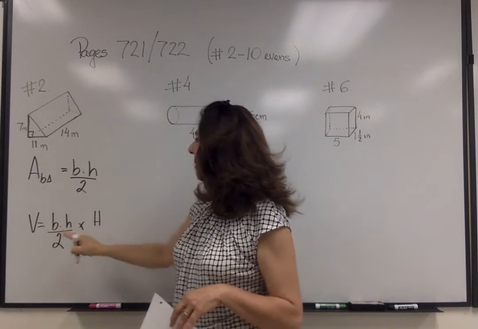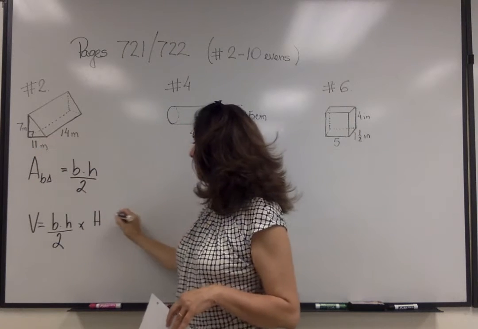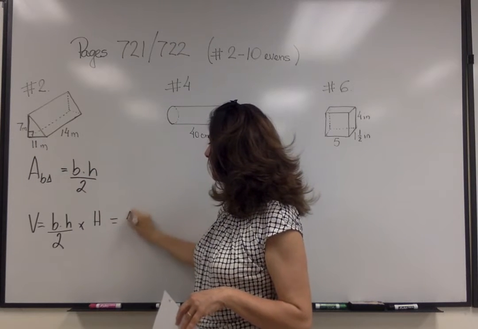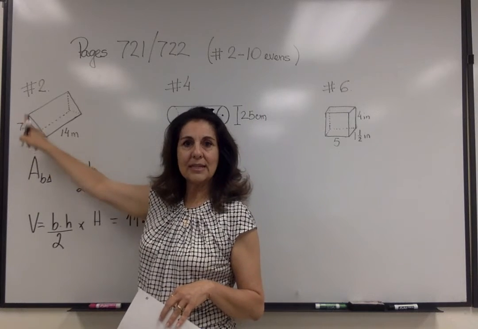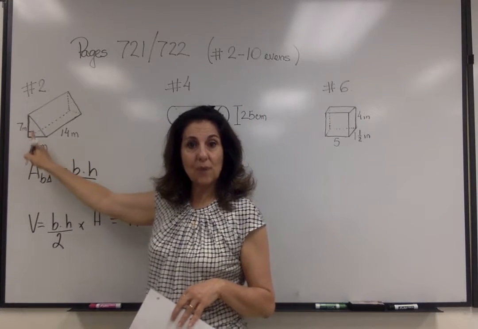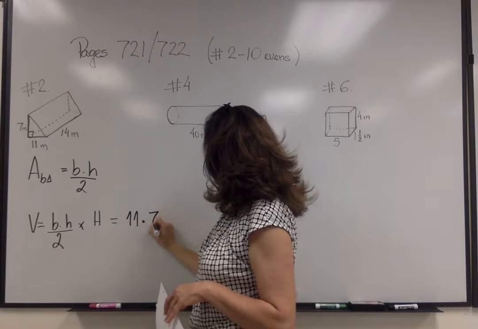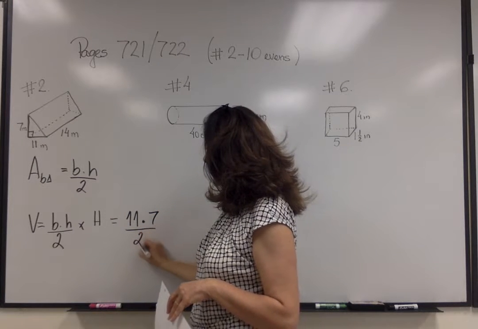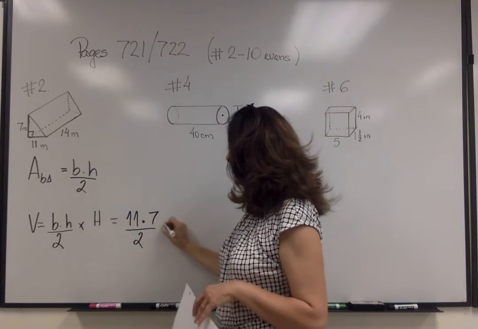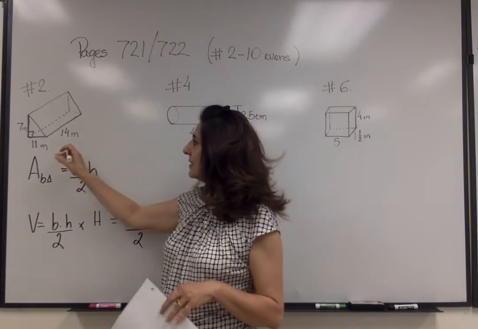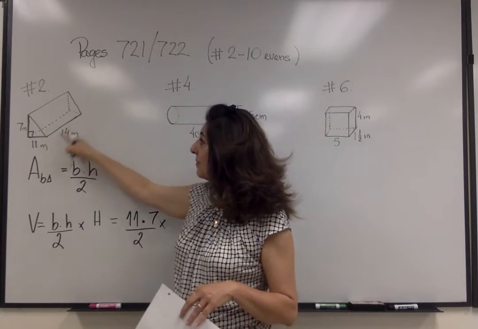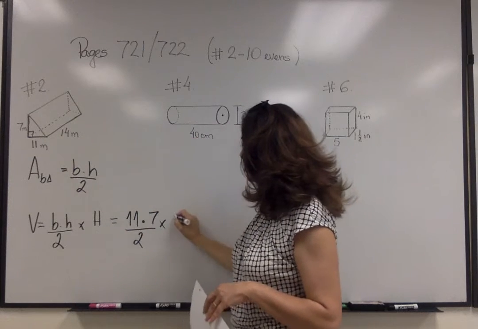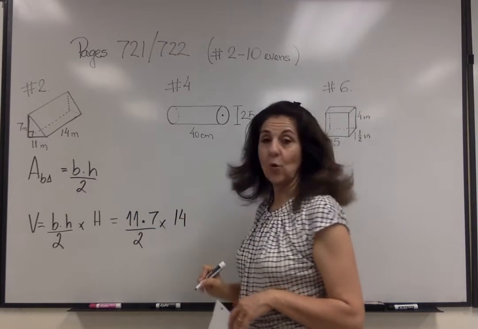So here we go. The base measures 11. So this is going to be 11 times the height. We can see the height of our triangle right here. So this is 7 divided by 2 times what? The height. So the height of the prism is this other measurement right here, which is 14.